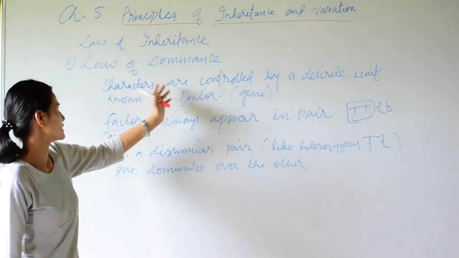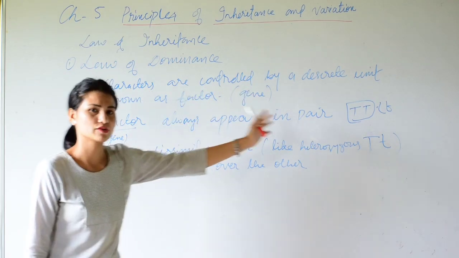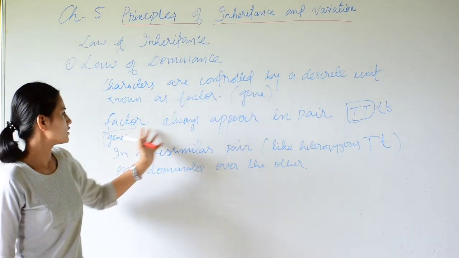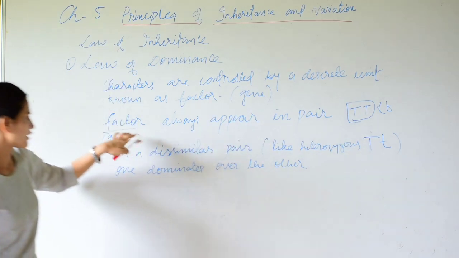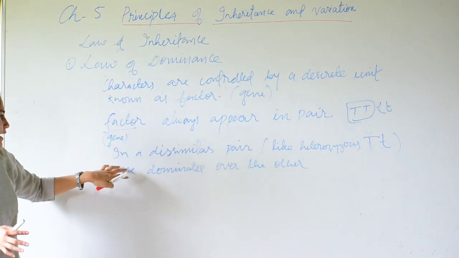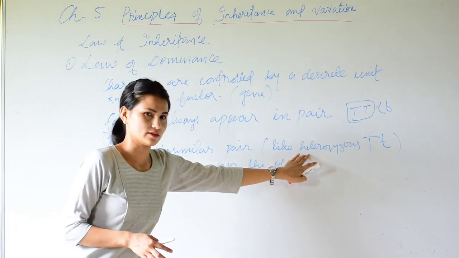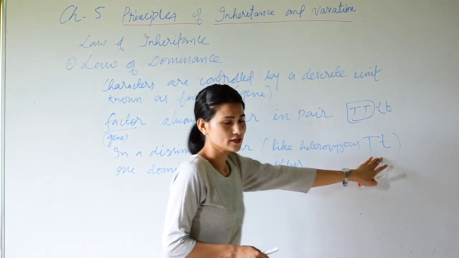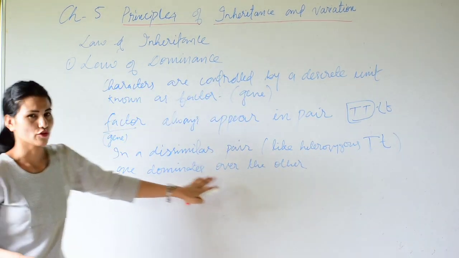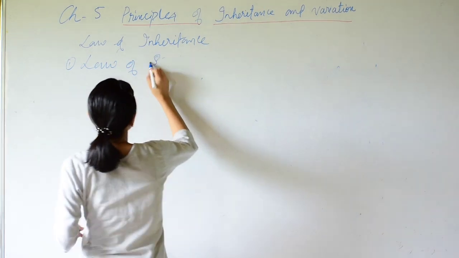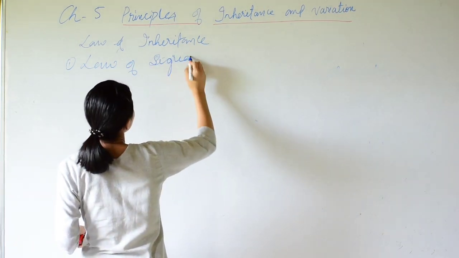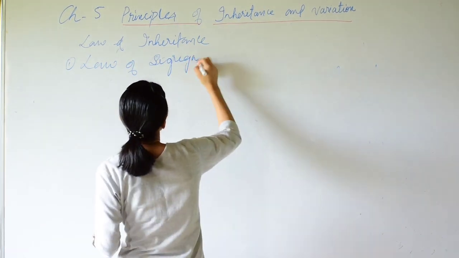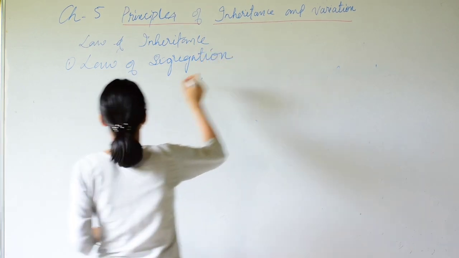This is what the law of dominance says, that characters are controlled by a discrete unit known as factor. Factor always appear in pair. Remember that factor is nothing but a gene. And in a dissimilar pair like the heterozygous, example capital T, small t, one dominates over the other. Next is the law of segregation.